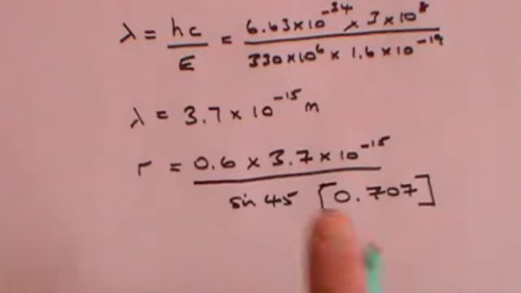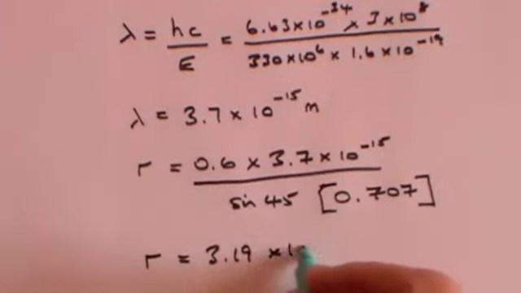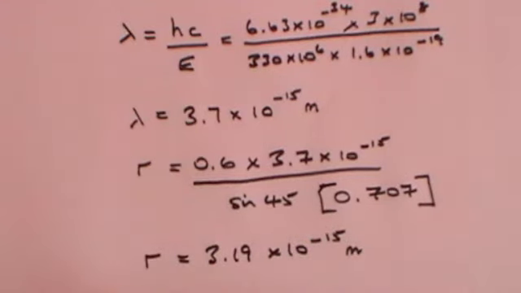That will give you a radius of 3.19 times 10 to the minus 15 meters. So we're getting more accurate, but we're still getting confirmation that the radius of a nucleus, or in this case the radius of a tin nucleus, is of the order of 10 to the minus 15 meters.